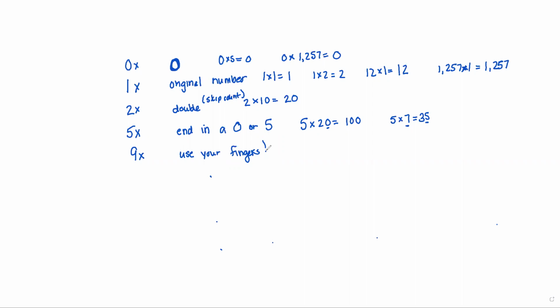So if I am doing 9 times 1, I'm going to the first finger on my hand, which is my pinky on my left hand. I put that down and I count the fingers that are still up: 1, 2, 3, 4, 5, 6, 7, 8, 9. 9 times 1 is 9.